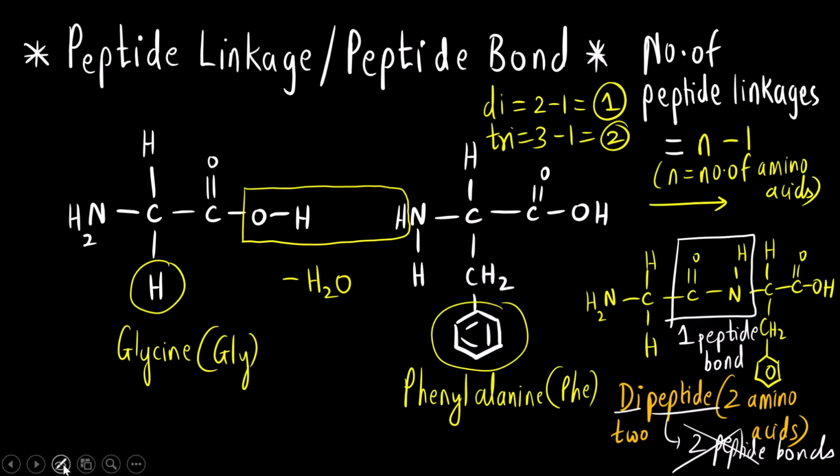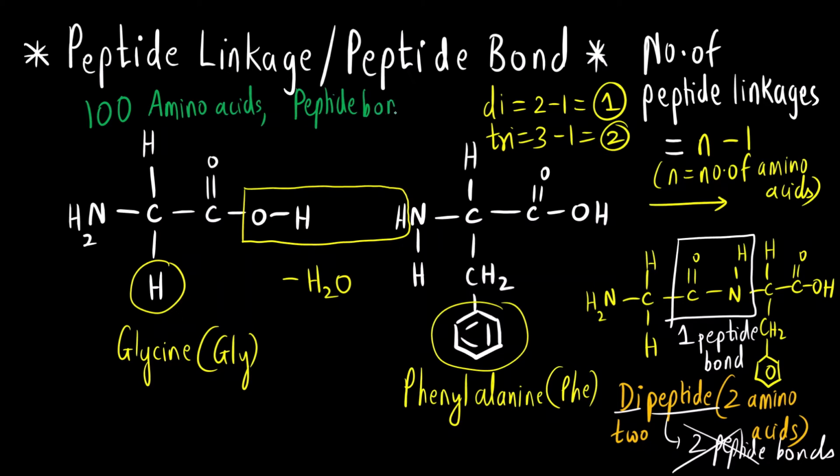Suppose I give you a hypothetical question: let's say there are 100 amino acids, and the question is how many peptide bonds are present. So the number of peptide bonds will be 100 minus 1, that is 99. In this way you can find out the number of peptide linkages.